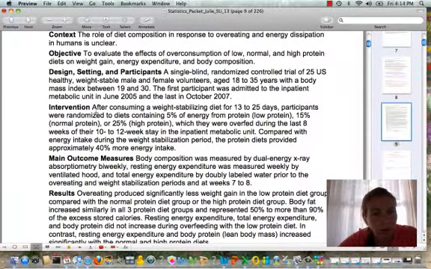If we look here, they're all consuming a weight stabilizing diet for 13 to 25 days. So by first putting the participants on a diet to stabilize the weight, the researchers are controlling for anything that they might have had changes before or any weight variance.